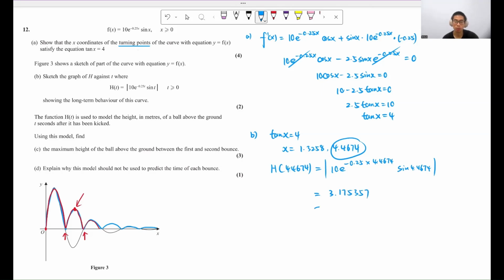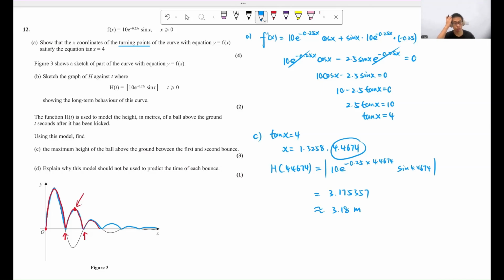Let's keep two decimal places, so that'll be 3.18, and the units will be meters. And that's it for part C.